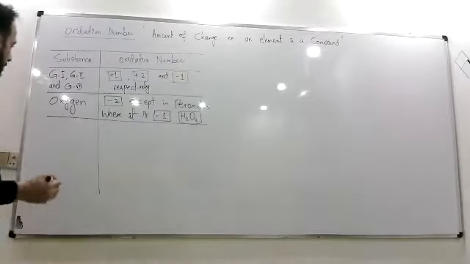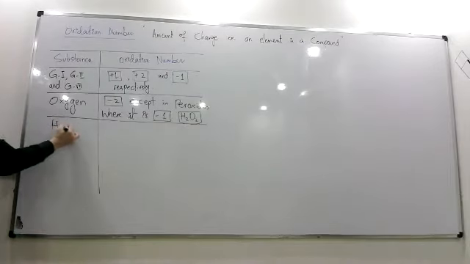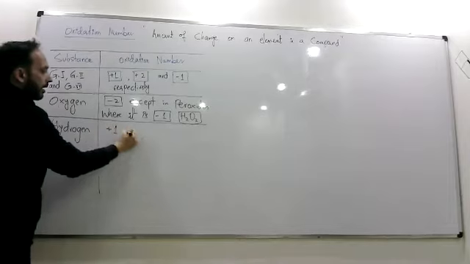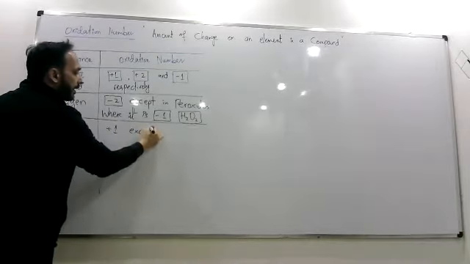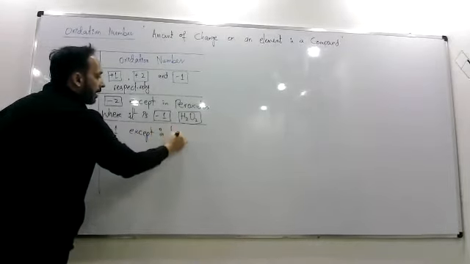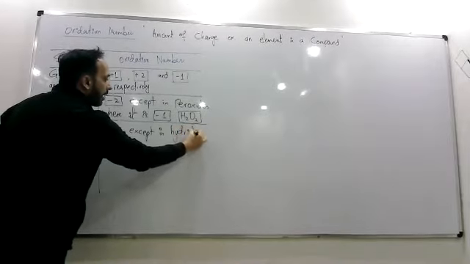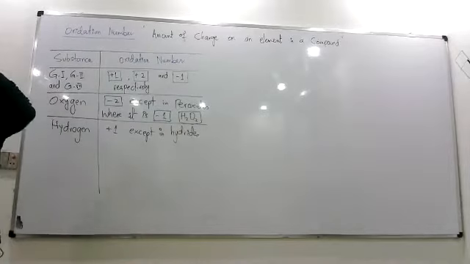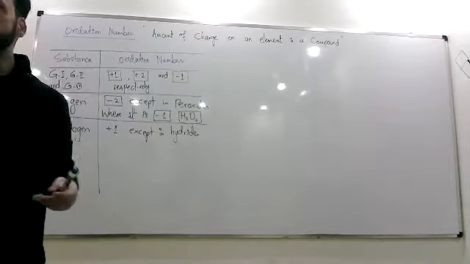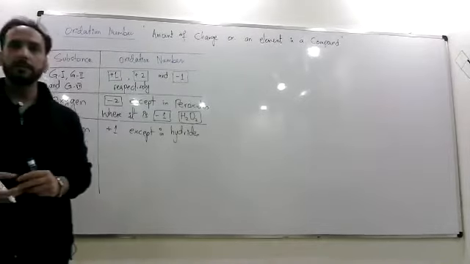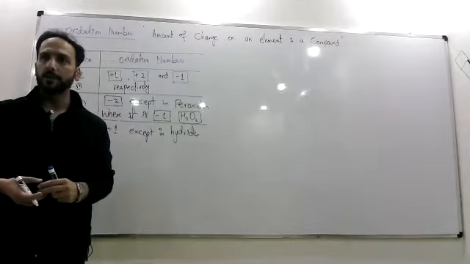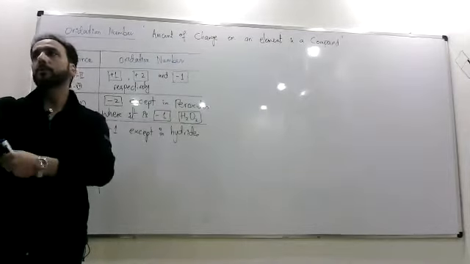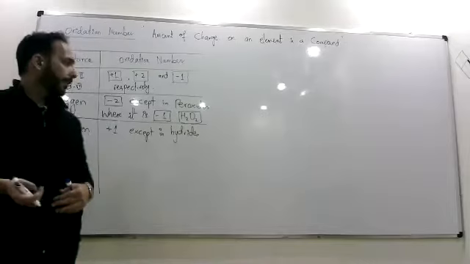Then the oxidation number of hydrogen is +1, except in hydrides. Hydrogen peroxide is a colorless toxic liquid actually, and it's used in many experiments in the lab.